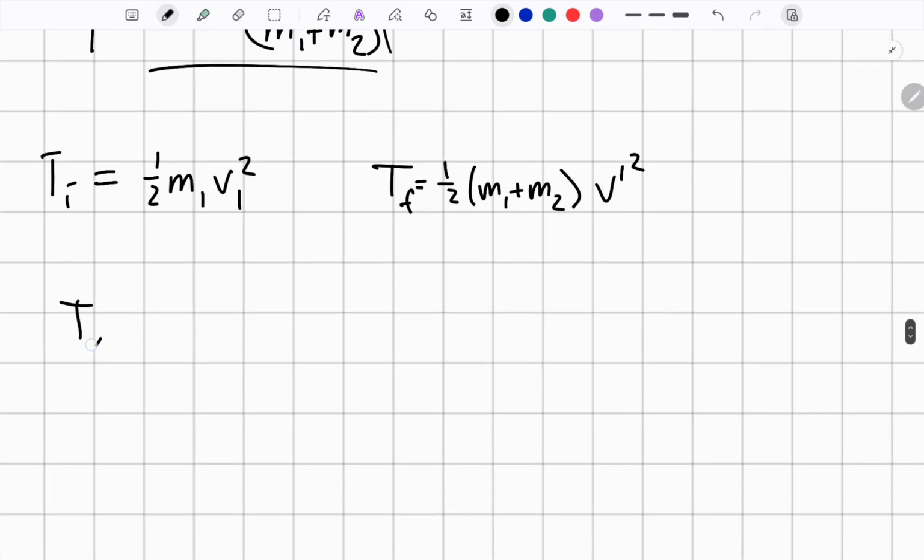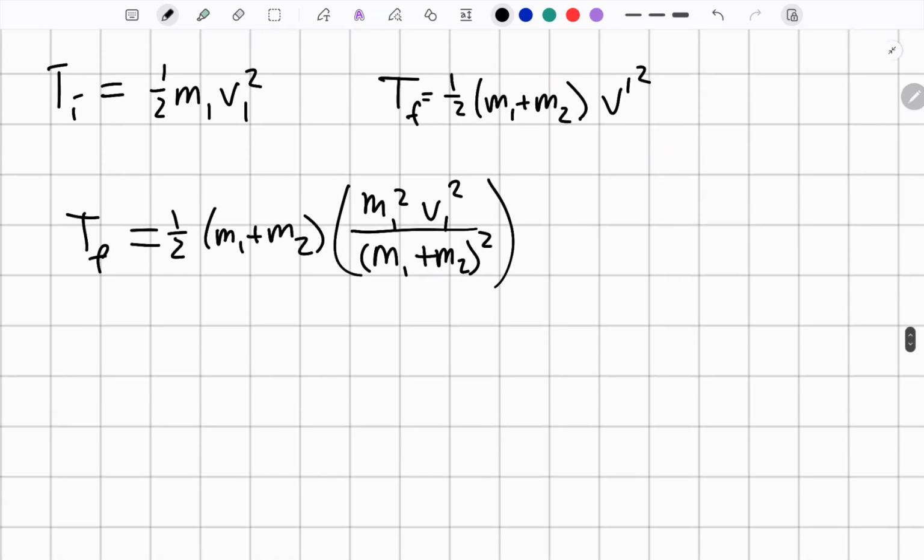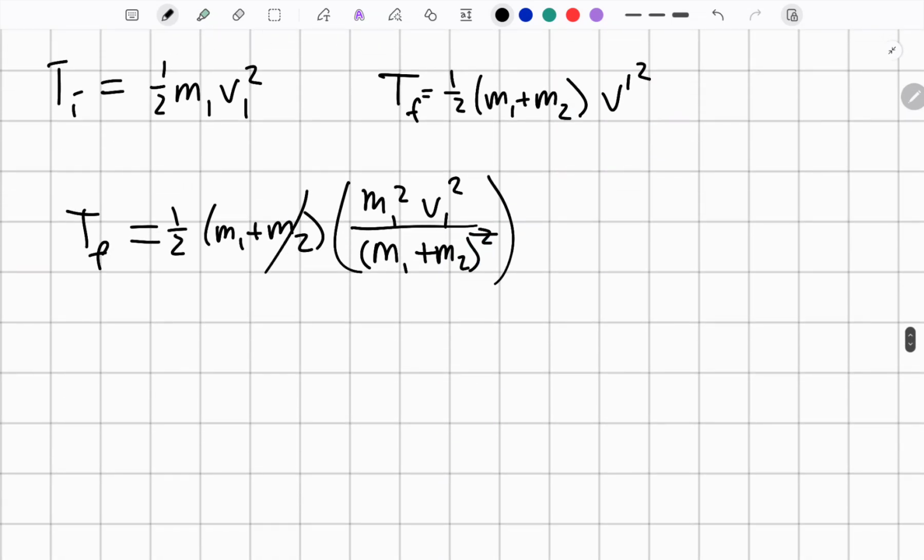Substituting in this expression for v prime and squaring it, we end up with m1 squared v1 squared over (m1 + m2) quantity squared. This is going to take care of that square. So our final kinetic energy is going to be 1/2 m1 squared v1 squared over (m1 + m2).